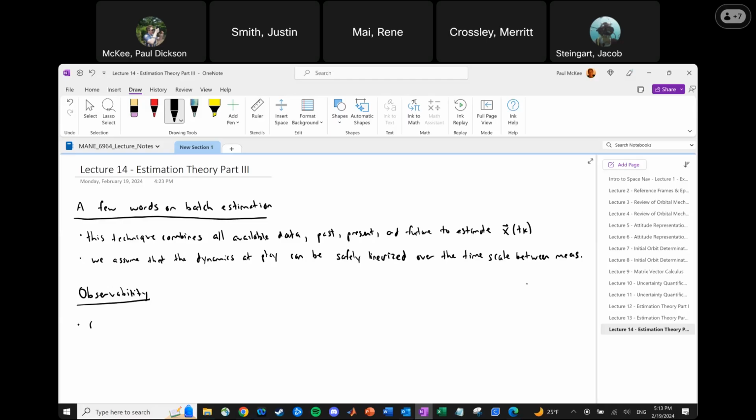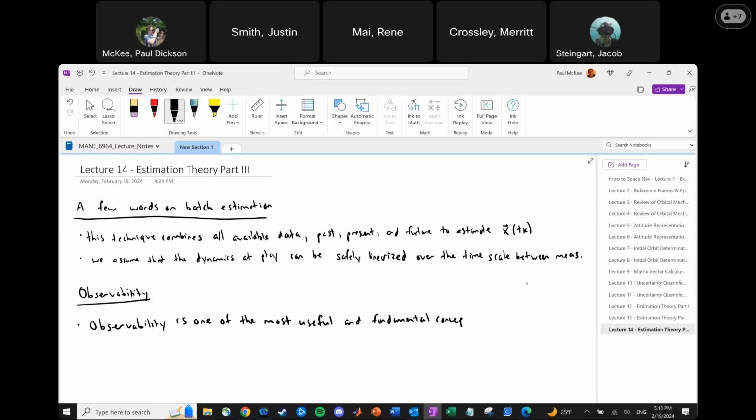So observability is one of the most useful and fundamental concepts in estimation theory.